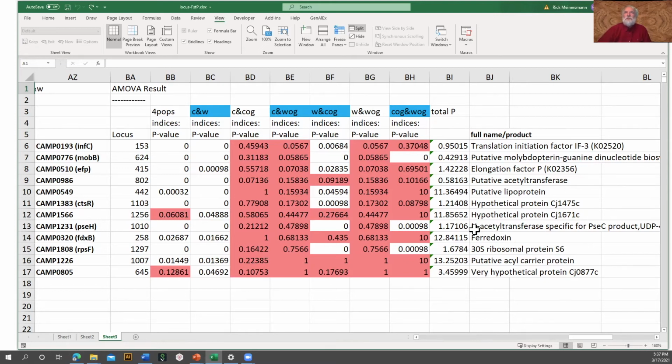The only one that is of any interest at all is this N-acetyltransferase specific for PseC product. And that happens to be a component that is necessary for glycosylation of the flagellum, at least in Helicobacter, it's been identified in glycosylating flagellum. And so there, you could imagine that there's a selective component for colonizing chickens in that case.